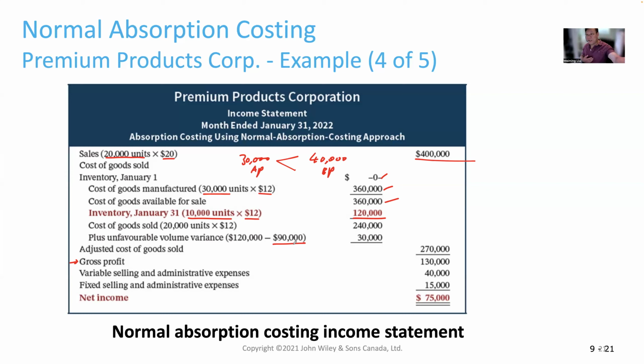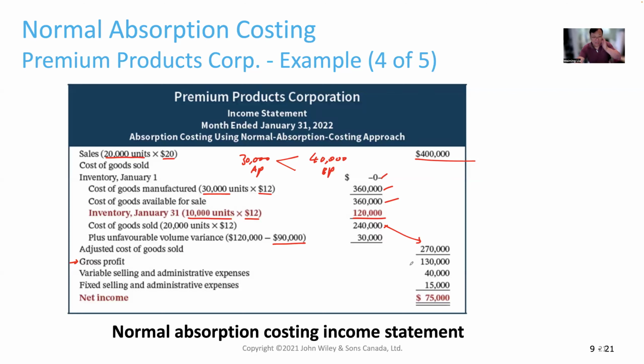But the budget fixed cost is 120,000. So the difference has to be added to the cost of goods sold, because your actual production is lower than budget production. That's bad news. That's unfavorable. Your cost will be higher. So that difference, the variance of 30,000, will increase the cost of goods sold from 240,000 to 270,000.